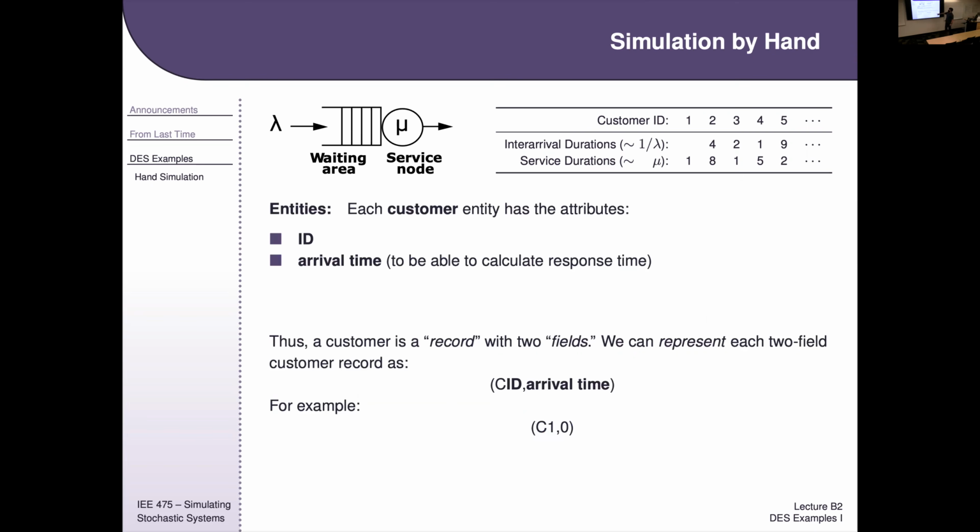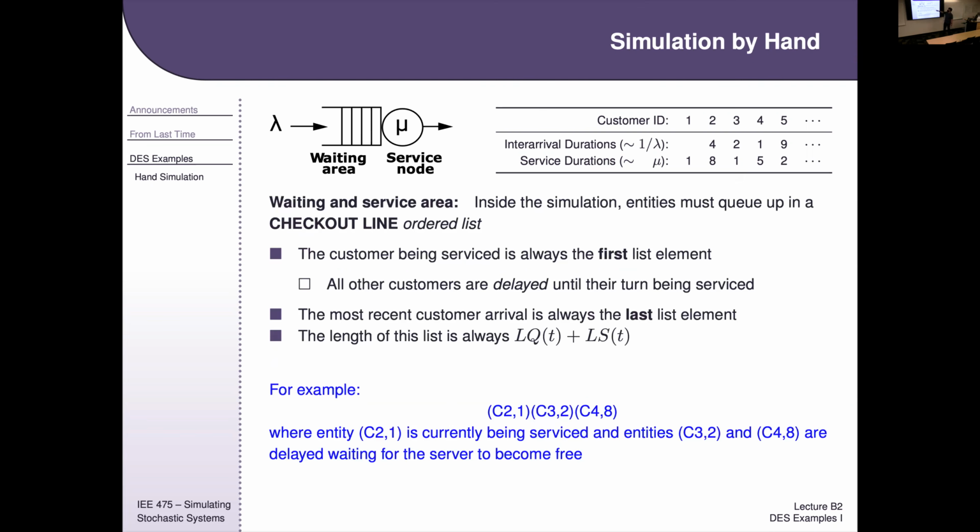So what we do with those customers, we keep track of a state variable, which is the checkout line, which is an ordered list. So these customers we're going to queue up into this checkout line where the most recent customer is always the last list element. And the length of this list is always going to be the number of customers in the queue plus the number of customers in service.